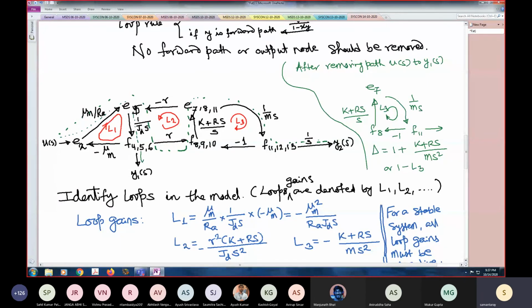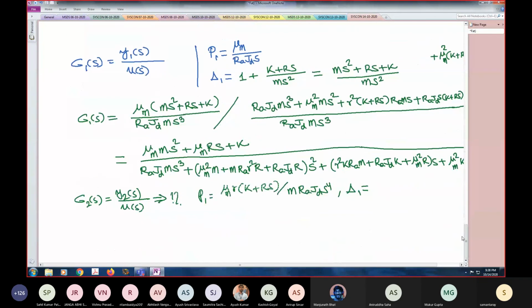So this graph, if nothing is there, there are no loops, delta is 1. So delta 1 corresponding to path 1 becomes 1. Right. So it's very easy. So delta 1 for this case is 1.